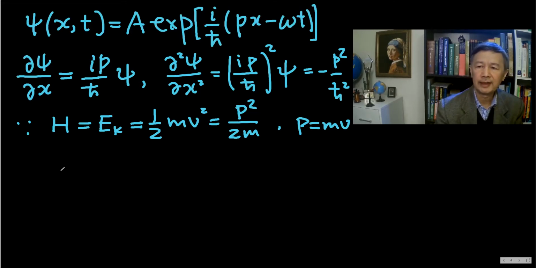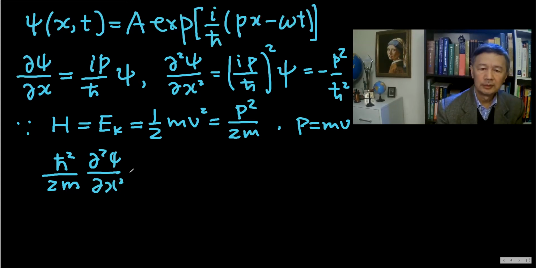If we multiply h square here, we get h bar square divided by 2m. So if we multiply h bar square, and in the meantime we also divide by 2m, that would be p square divided by 2m.